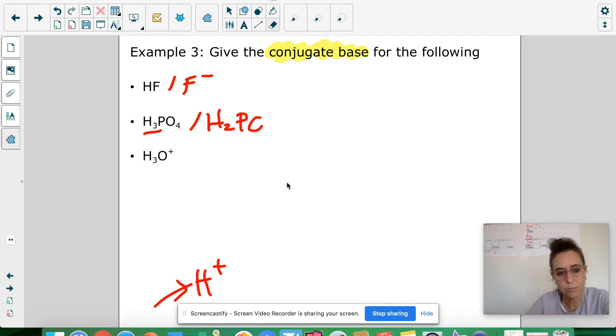And finally, if we have the hydronium, the H3O plus, and we want to find the conjugate base of that substance, which is considered an acid, we have to make the H3O plus lose one proton. So if we remove one hydrogen from that substance, what we're going to have is H2O, because we're removing one H plus from the H3O plus, therefore the water is neutral.